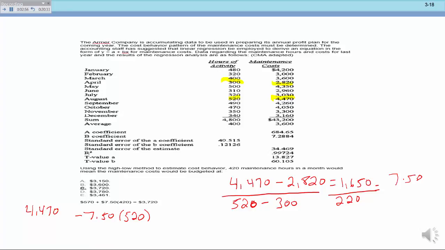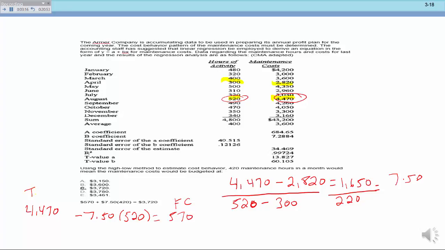Okay, so 4470 minus 750 per unit at the what? And we're doing all this at the high, aren't we? Right, so that's 520 units. What do you come up with as a difference here? 570?